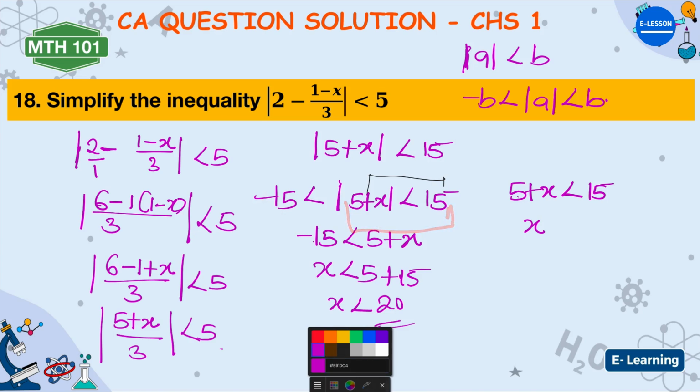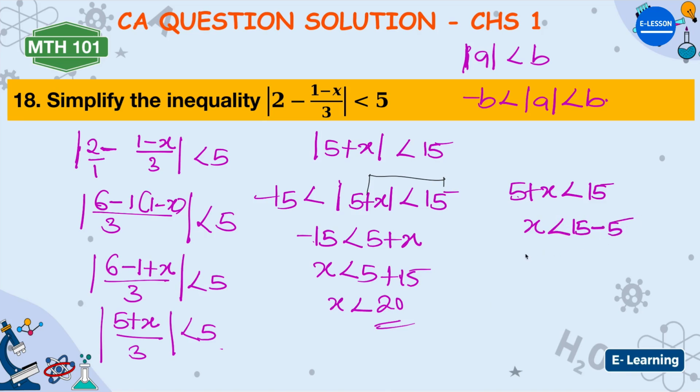Is that okay? So at the end of the day, this gives us x is less than 15 minus 5. So x is less than 10. Is that okay? So that is the correct approach to go about something like this.